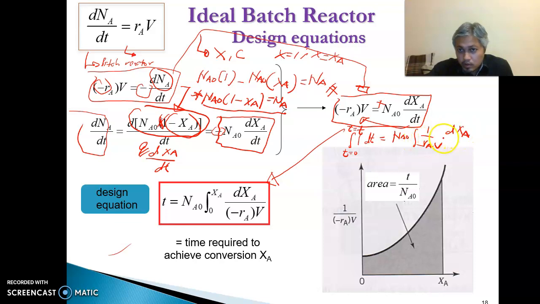So we are integrating in terms of x, so we can put x equals 0 to x equals Xa here. When we integrate this, what we will get is t, like we have done previously. You can check the slide again.